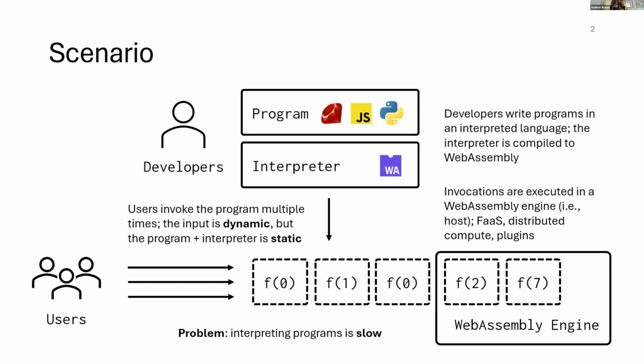And the problem that we're trying to solve is that interpreting these programs is slow. So ideally, we solve this without modifying the interpreter in any way. And note that this scenario hints that perhaps our solution could be offline, between these repeated invocations in the WebAssembly engine.